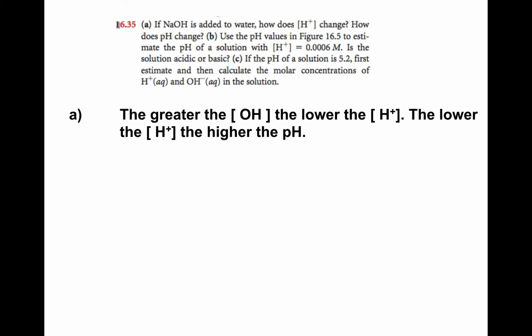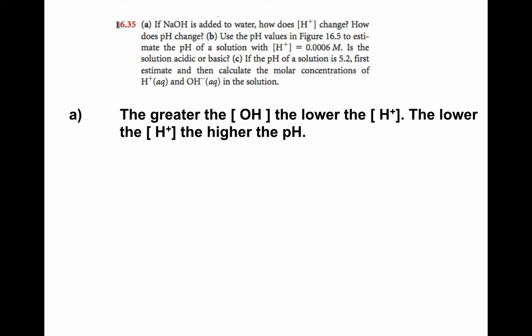B. Use the pH values in figure 16.5 to estimate the pH of a solution with an H plus concentration of 0.0006 molar. All right, so you're taking the negative log of the H plus concentration, right? So you're turning this into a number that represents how many tens you got, right?